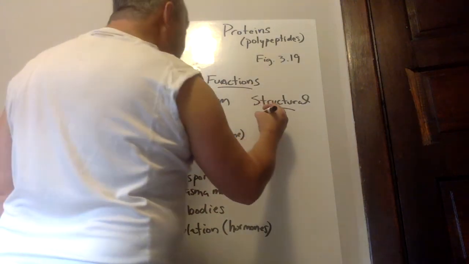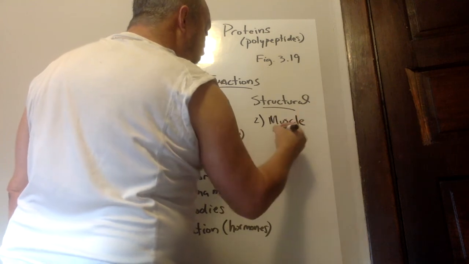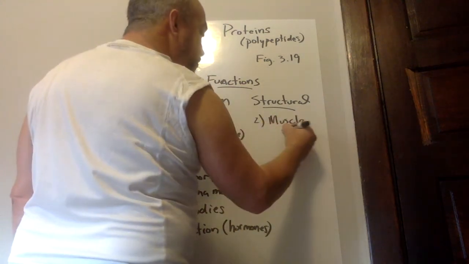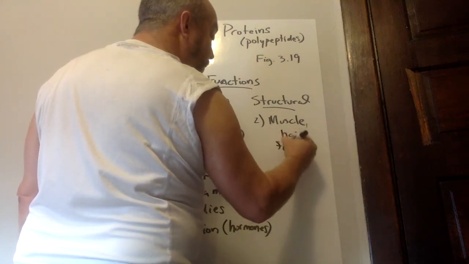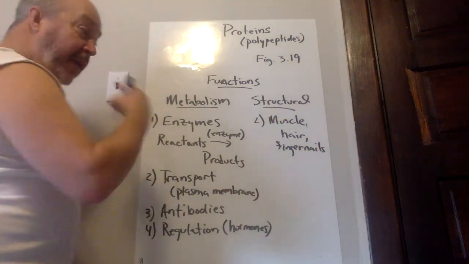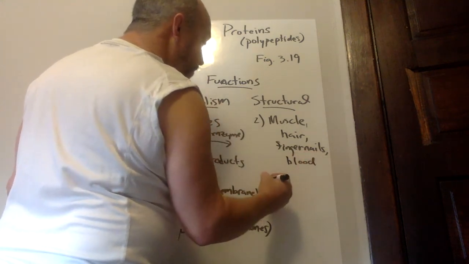As far as structure is concerned, a good portion of your body is muscle, and muscle is protein. So muscle, hair, your fingernails, these are all composed of protein. Or another one that's very important, blood. Blood is a protein.